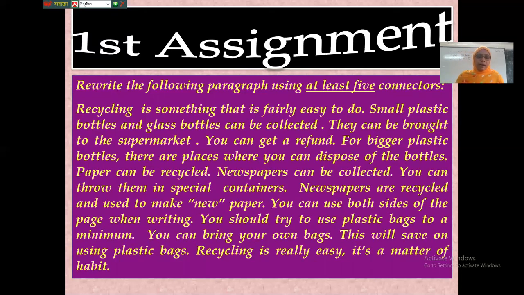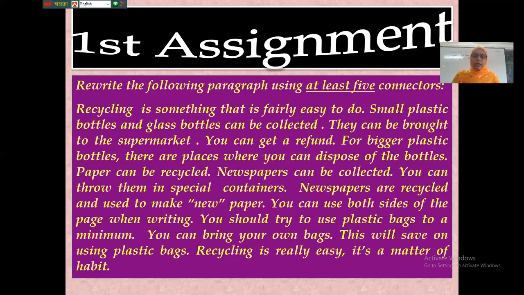Paper can be recycled. Newspaper can be collected. You can throw them in special containers. Newspapers are recycled and used to make new paper. You can use both sides of the page when writing. You should try to use plastic bags to a minimum. You can bring your own bags. This will save on plastic bags.